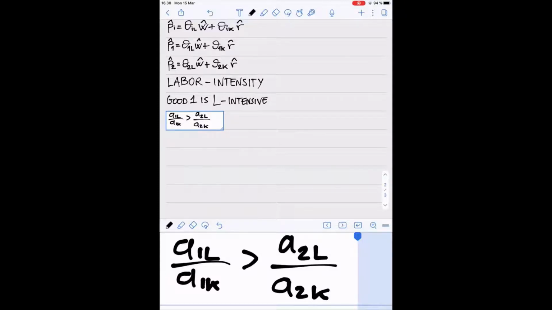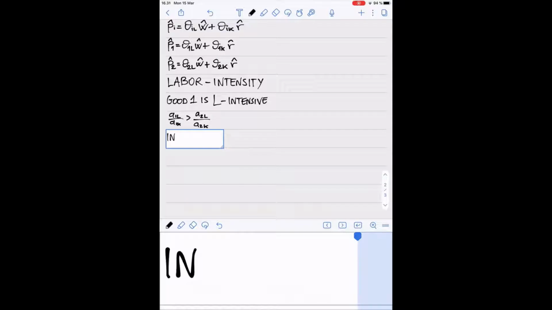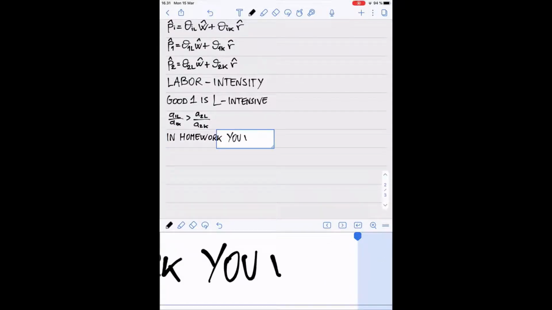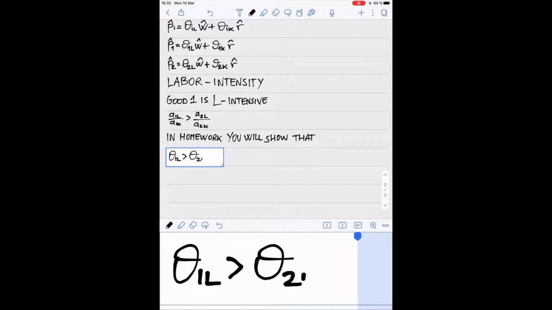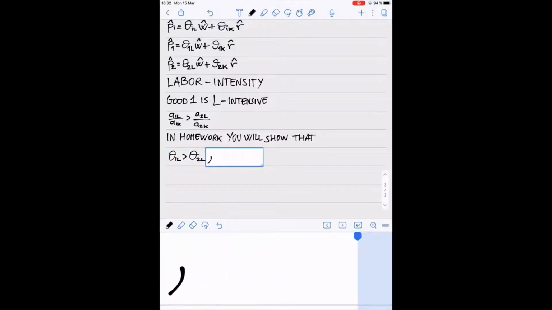Okay. Now, you're going to show in your homework that theta 1L is greater than theta 2L. So if good one is labor intensive, it uses a larger share of labor cost relative to good two. Right, so I think this makes a lot of sense. And this also implies that theta 1K is less than theta 2K.